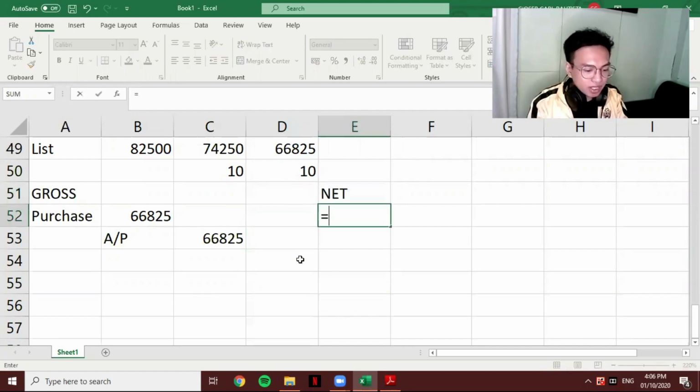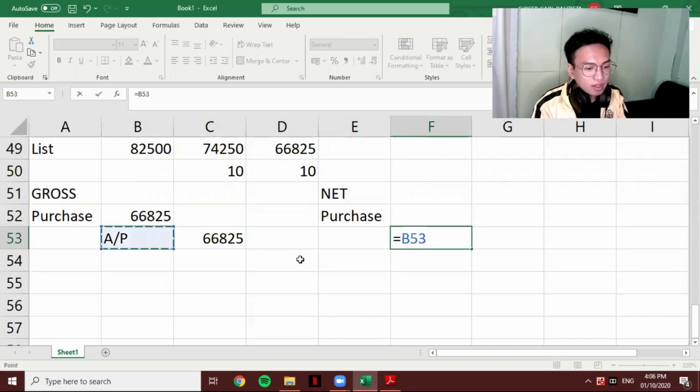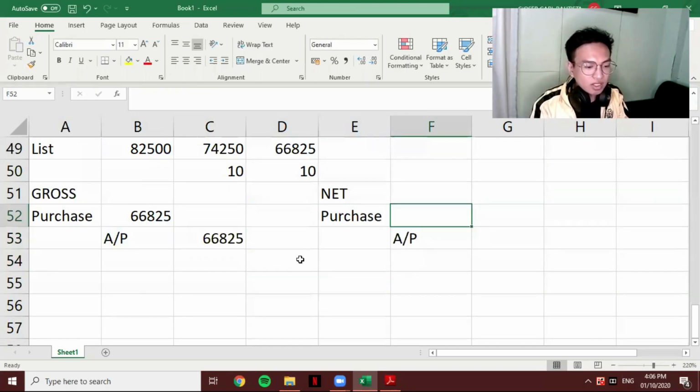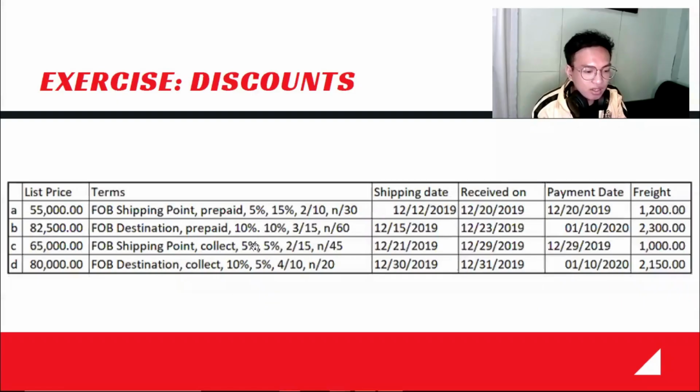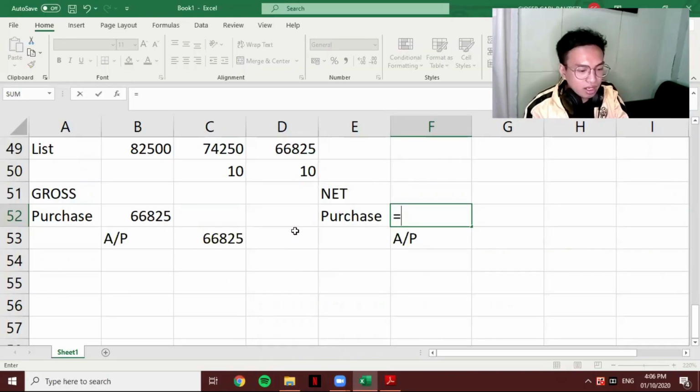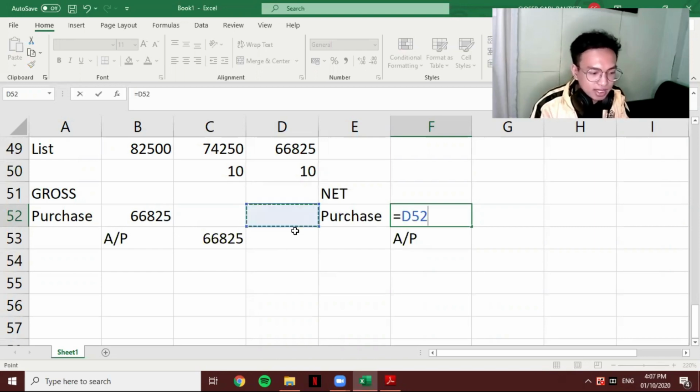Ayan. This purchase will now be different. In what sense? Yun nga, sabi natin that your purchase is already deducted with the cash discount, even though it's not yet taken or duly taken. 3%. So we deduct 0.03 from 66,825.